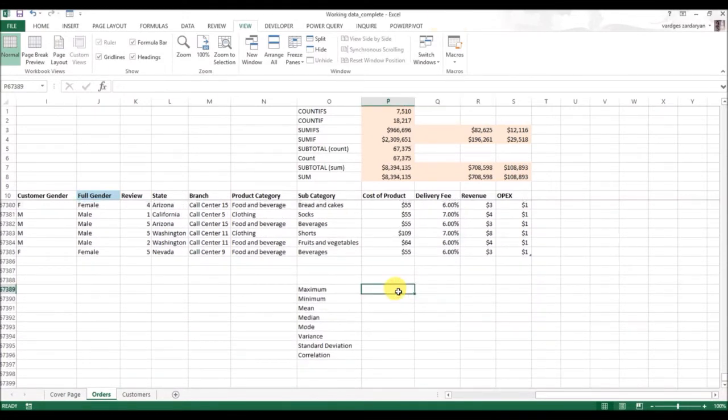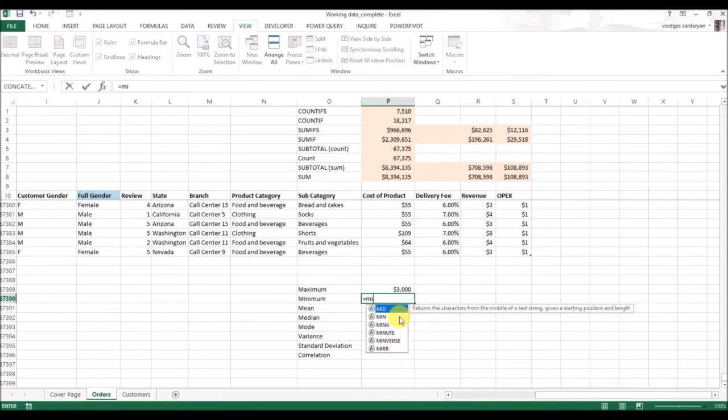Let's calculate the maximum. Is equal to max, the range of values, close the bracket, enter. We see that the maximum value of cost of products is $3,000. Now let's calculate the minimum.